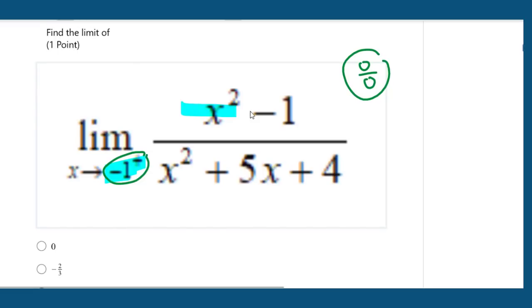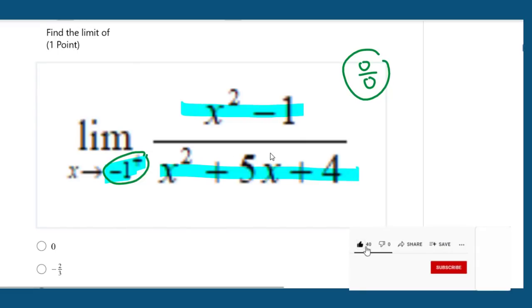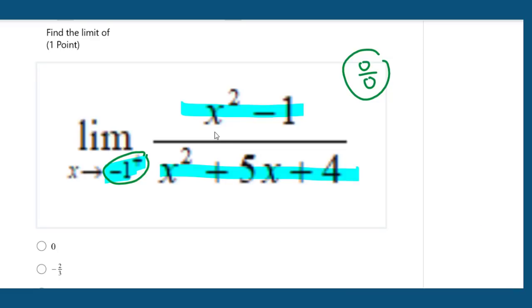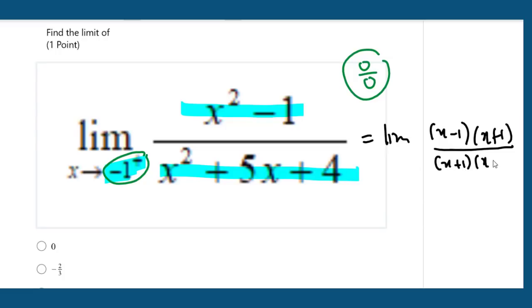Then this one is polynomial over polynomial. Okay, so we should factorize. Factorize this one, equal to the limit of (x minus 1)(x plus 1) over (x plus 1)(x plus 4), where x approaches negative 1 from the right.